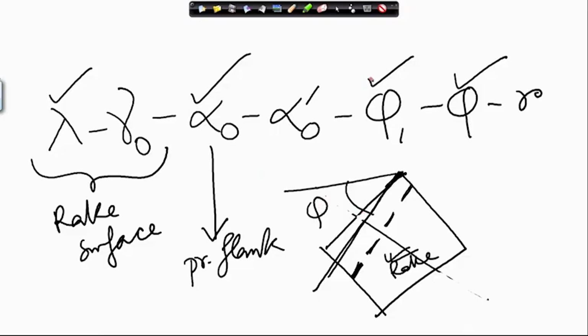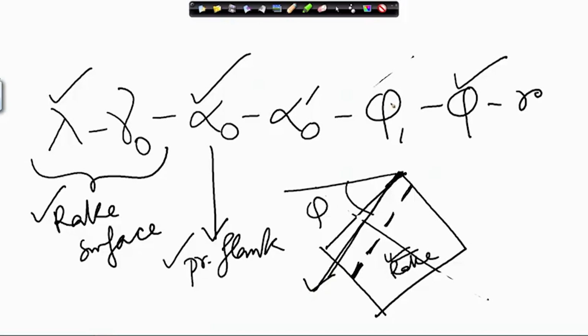So, I am sorry, let us remove this first. Phi is used up to define the principal cutting edge, and after that I define the inclination of the principal flank by alpha O, and therefore, I define the principal flank as well. So, principal flank is defined, rake surface is defined, principal cutting edge is defined.